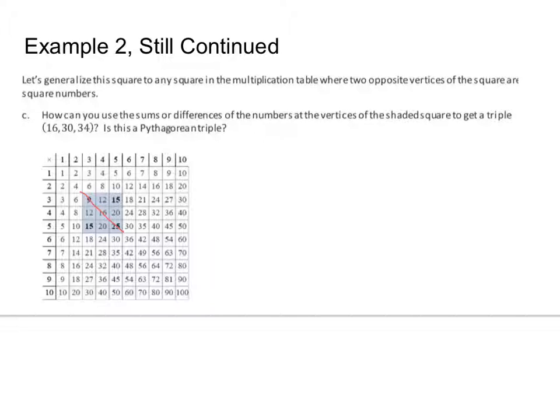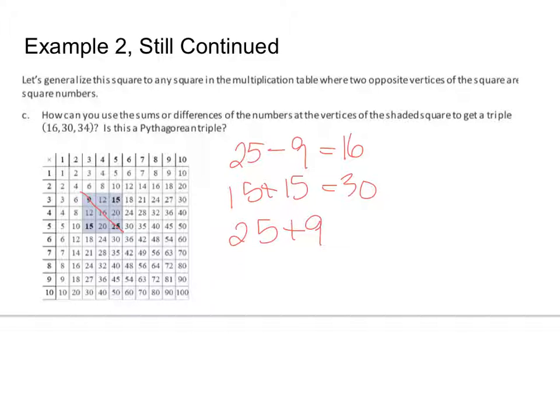Following what we did above, I'm going to take 25 minus 9 equals 16, and 15 plus 15 equals 30, and 25 plus 9 equals 34 to get the triple 16, 30, and 34.